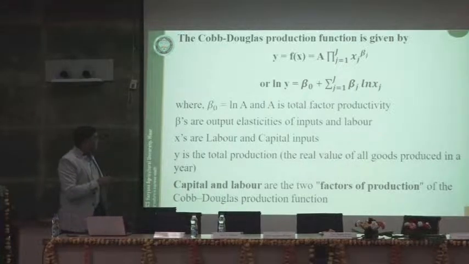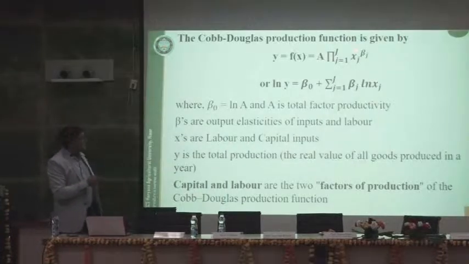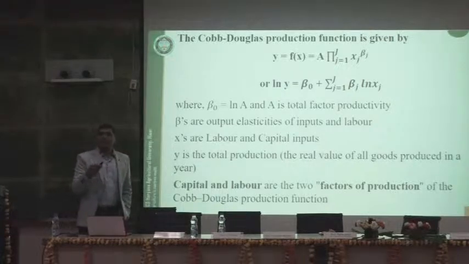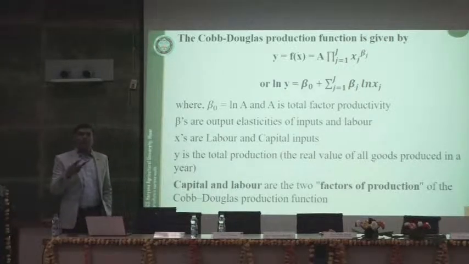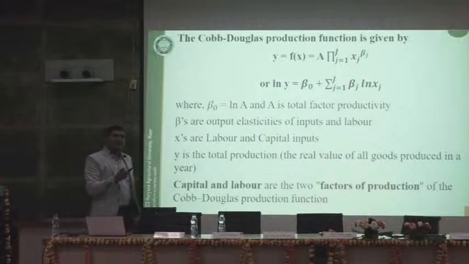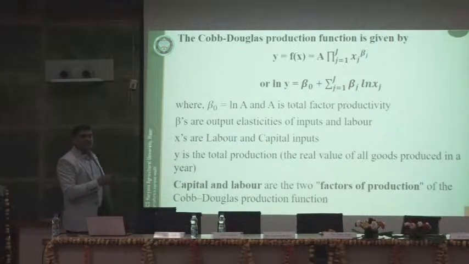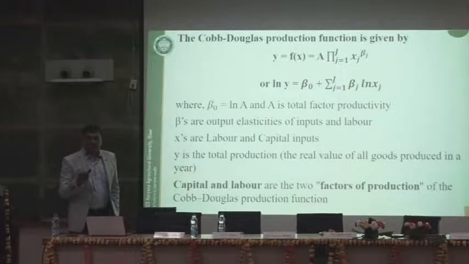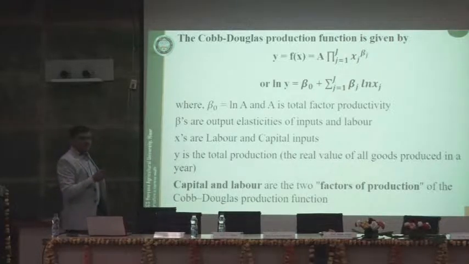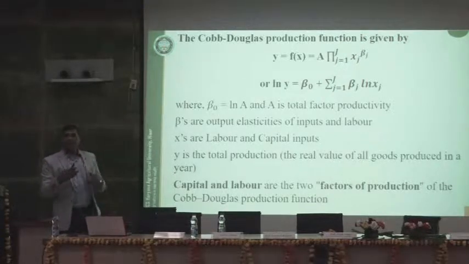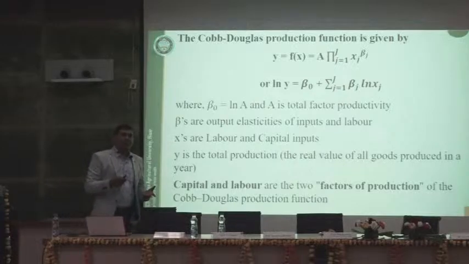There are more than two input variables, so x_j denotes the inputs. X1 means the first input variable, x2 means the second input variable, and this beta_j is the coefficient of elasticity. That tells how much each input variable affects the output variable.